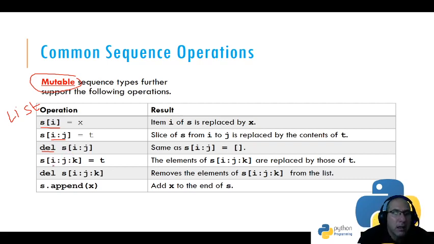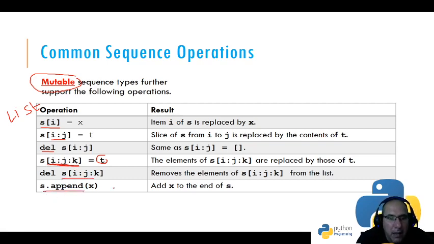You can replace with t, having t replace the sublist represented by this slice, which is from i to j with step k. You can delete these items.